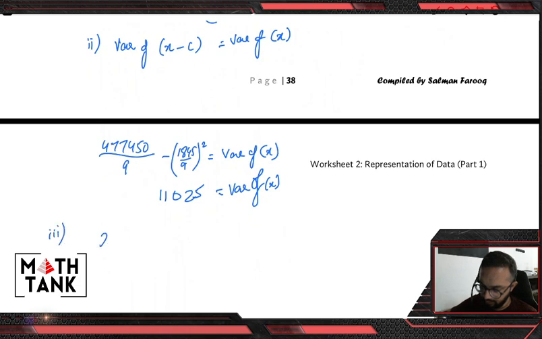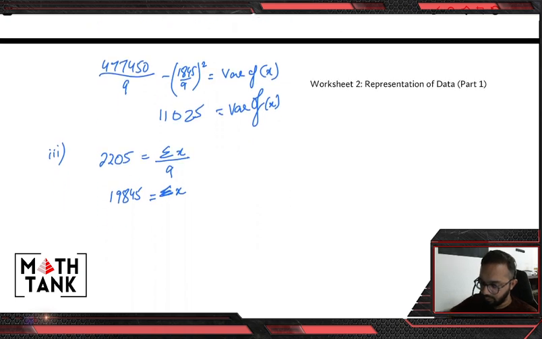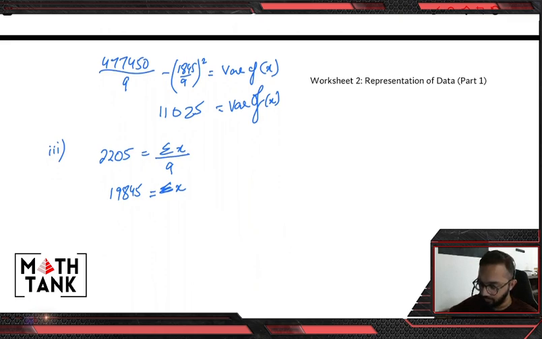So the mean was 2205. I don't know the original sum, so I'm going to say that was sum of x. So sum of x was basically 2205 multiplied by 9, I get 19845. And so the new sum is basically 19845 plus x.